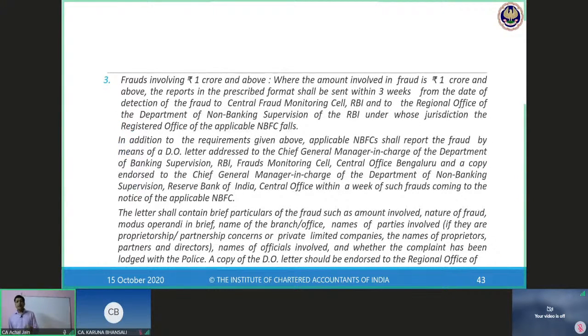Frauds involving rupees 1 crore and above. Now in this case we are looking at frauds which are involving rupees 1 crore and above. Where the amount is rupees 1 crore or above, reports in the prescribed format shall be sent within 3 weeks from the date of detection of fraud.